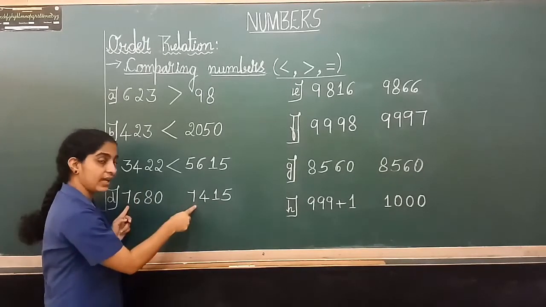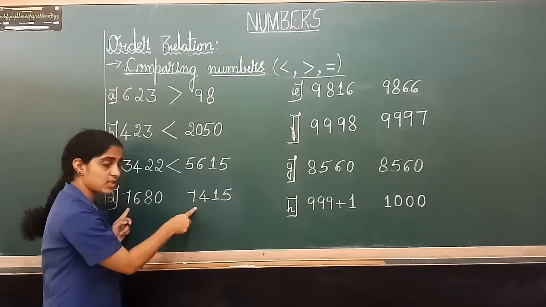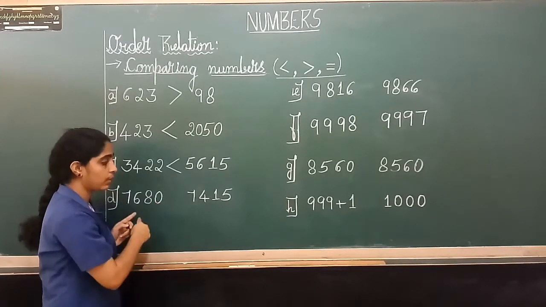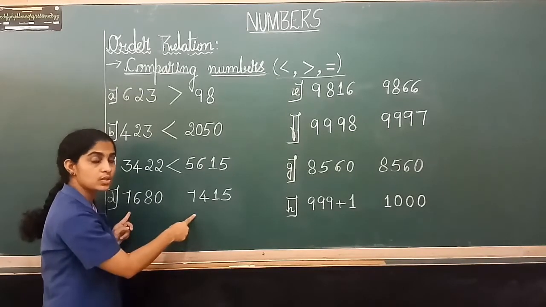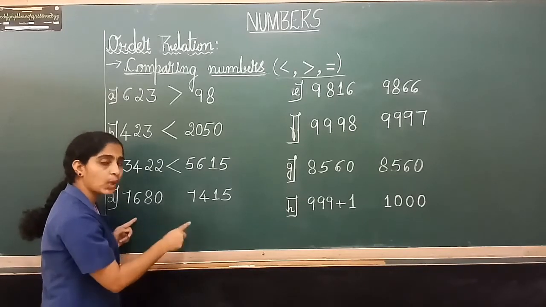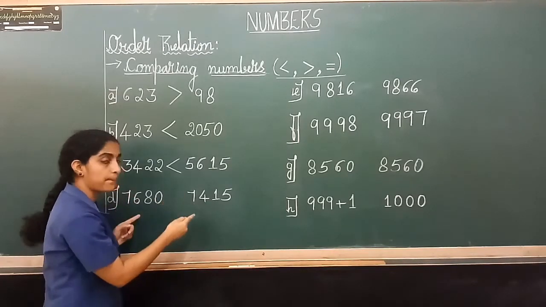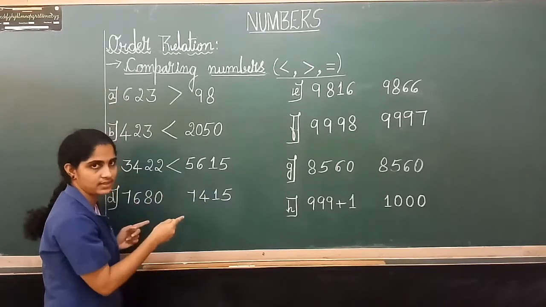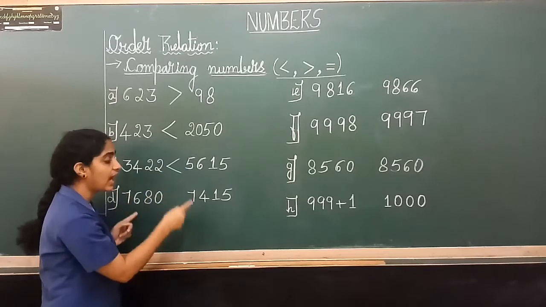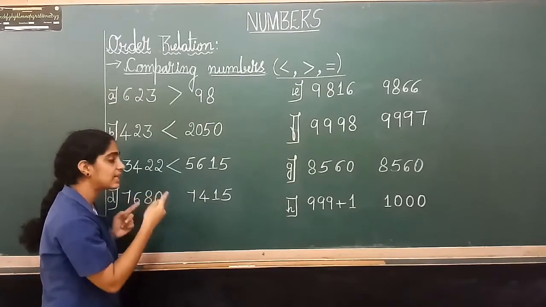Whereas here also the first digit of this number is 7. Right? Now they both are equal. So what to do? When first digits are equal, we have to compare the second digits.